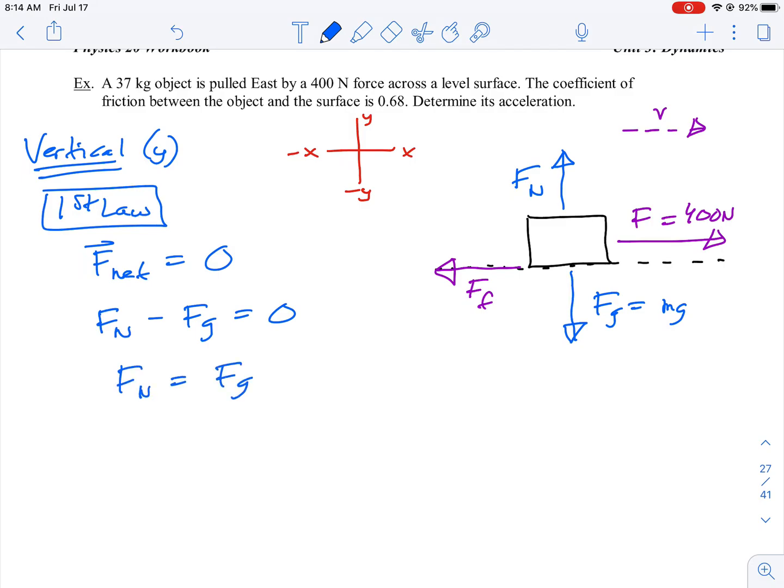They're equal in magnitude, equal but opposite, so they cancel each other out. So that's going to be equal to mg, and the mass here is 37 times 9.81. And so now we get the normal force. It's about 362.97.